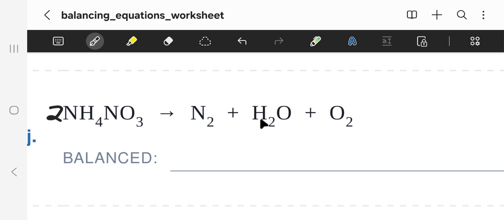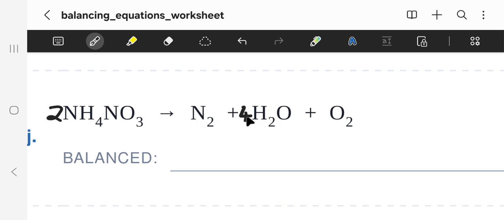But on the right, I only have 2. So it means I have to balance here. By doing what? I'm going to take this number at the bottom, put it here, so that it becomes 4 times 2. 4 times 2 means I now have how many hydrogens? I have 8 hydrogens on the left and on the right. They are balanced.